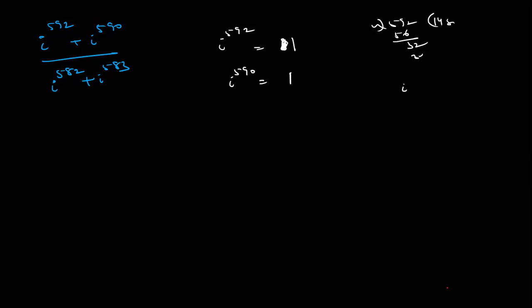Second, let me see. Two is coming. Dear students, this one is i square. i square means minus 1. So 1 minus 1 by something means the answer is 0. Question number 2.